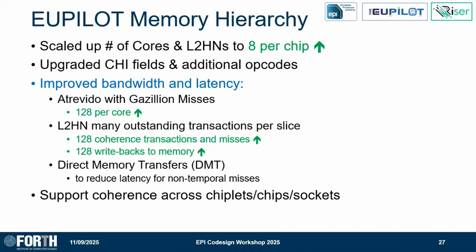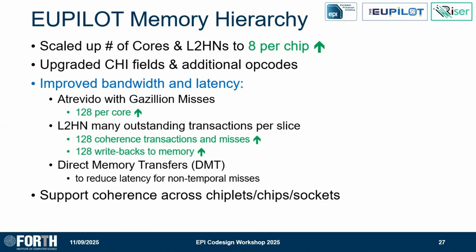It has other optimizations like direct memory transfer, getting shortcuts in the NOC for responses that we're getting from memory. And more importantly, the last part is supporting coherence across what we call chiplets or chips or sockets. I'm not going to differentiate between the two, because we started with the concept that we will build this thing as a chiplet and connect more of them.